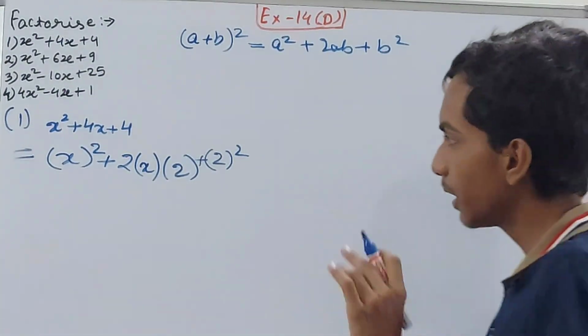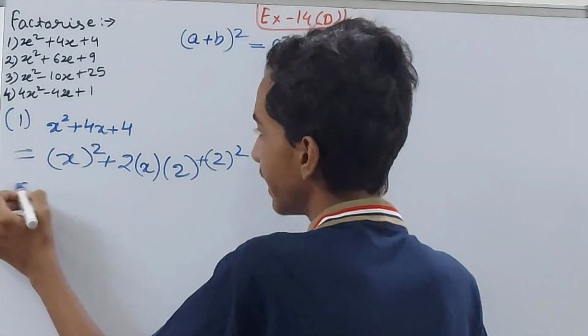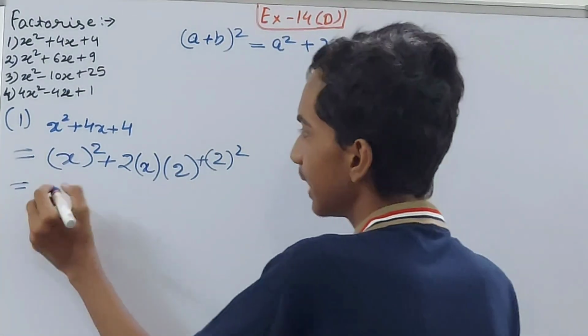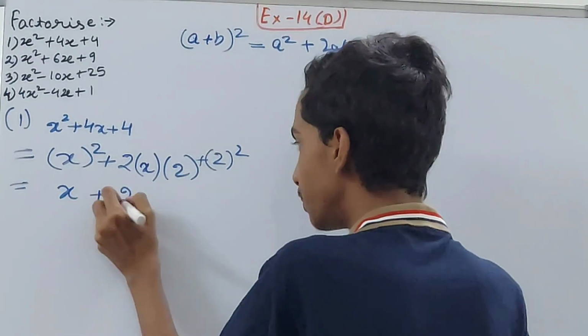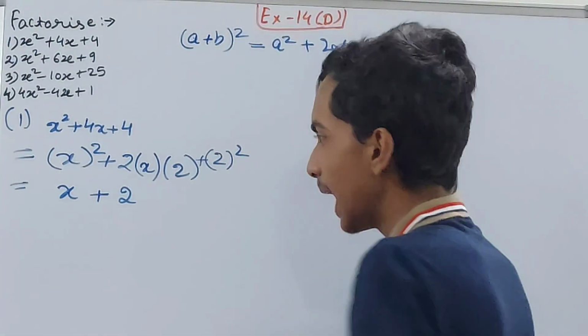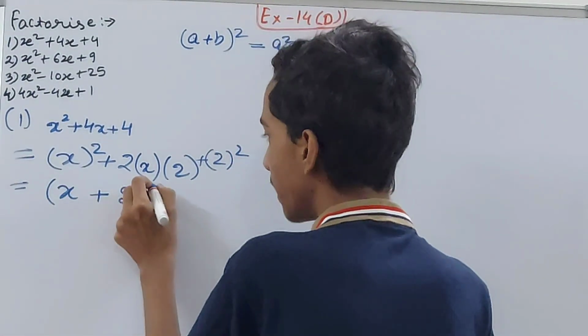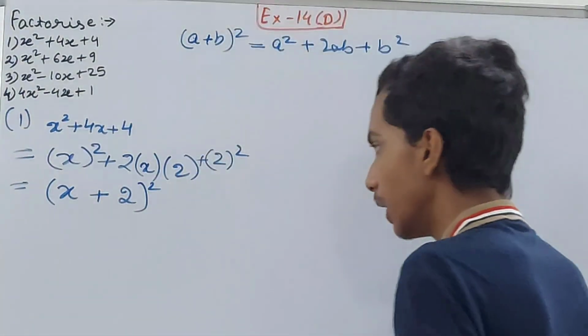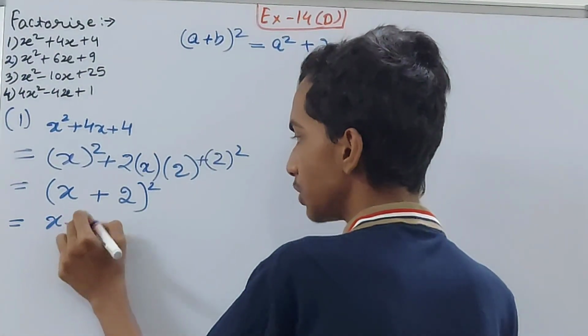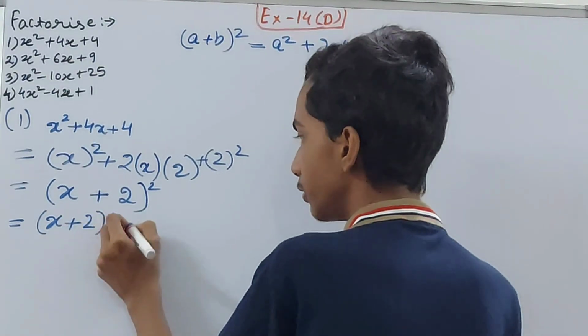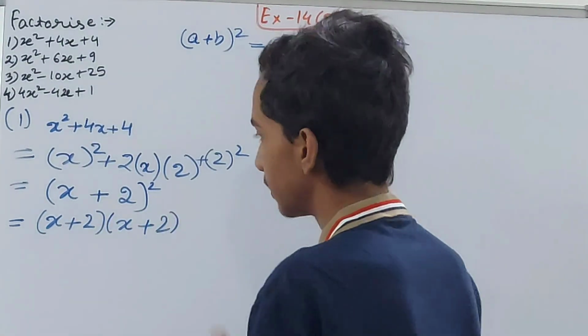So now can I bring it to this form, that is a plus b whole square? Yes, I can. I can take a as x and 2 as b, so x plus 2, and since it is the square of a binomial, x plus 2 whole square. Now I can write x plus 2 whole square as x plus 2 into x plus 2. So that is your answer, right?